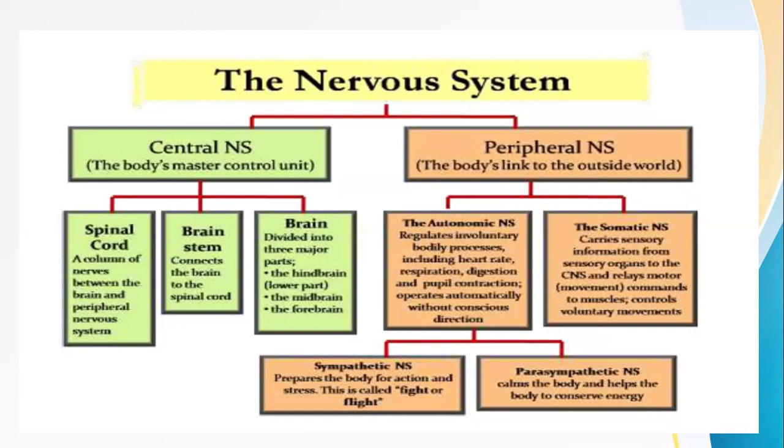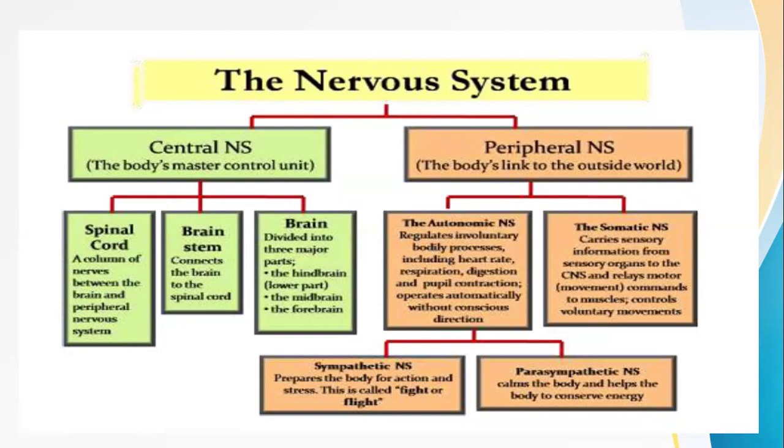And while we are talking about the peripheral nervous system, it contains the following: the autonomic nervous system and the somatic nervous system. The autonomic nervous system regulates all the involuntary bodily processes, including the heart rate, respiration, digestion, and the pupil contractions.